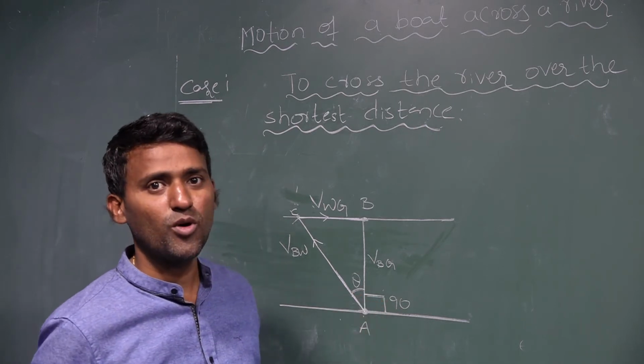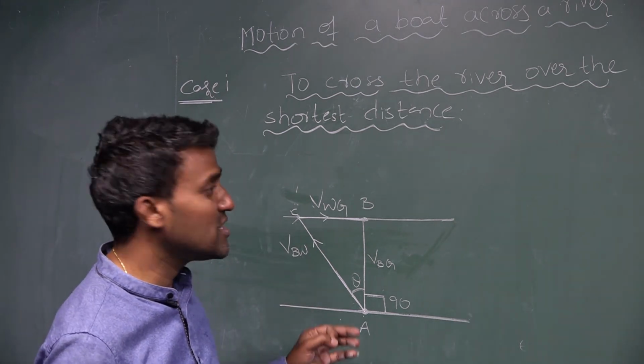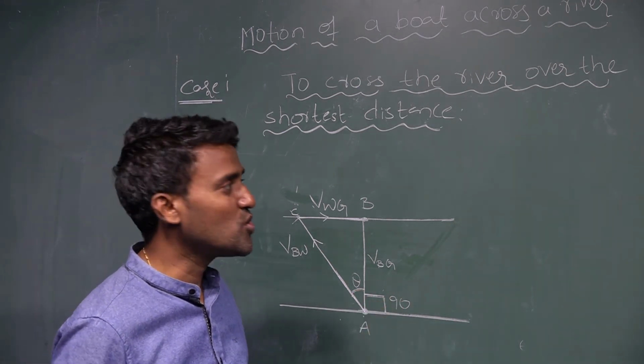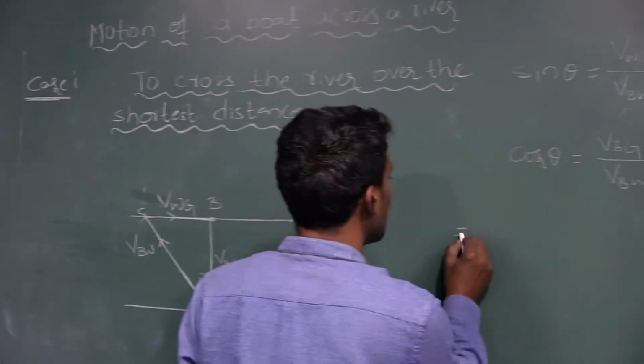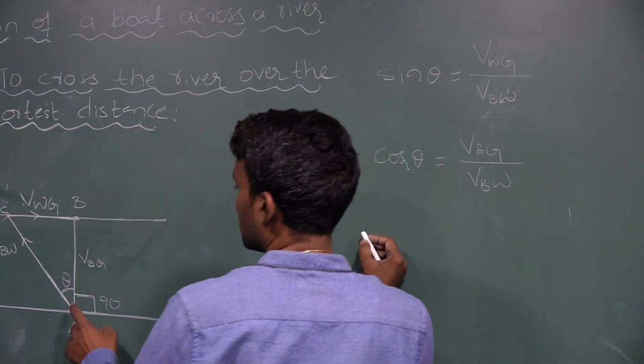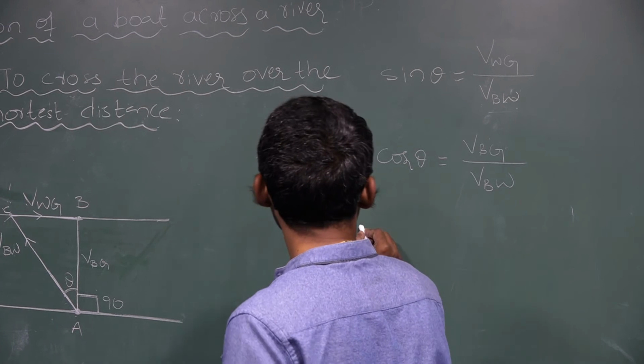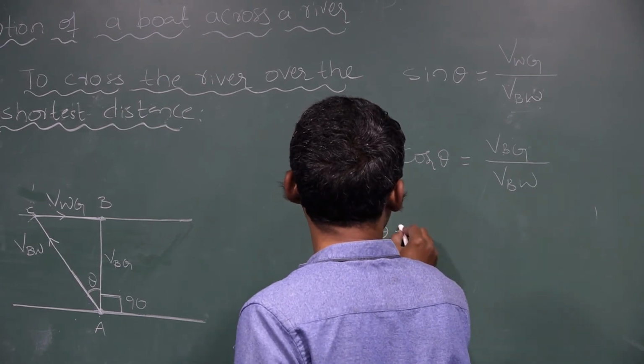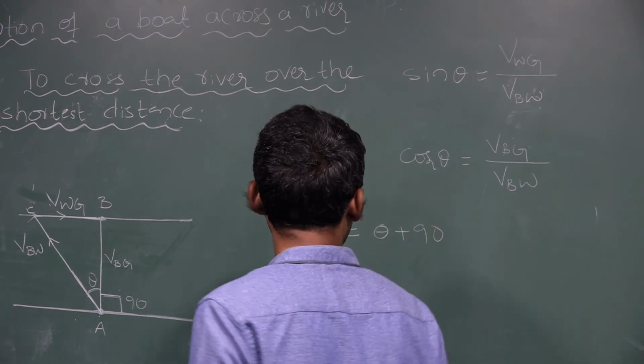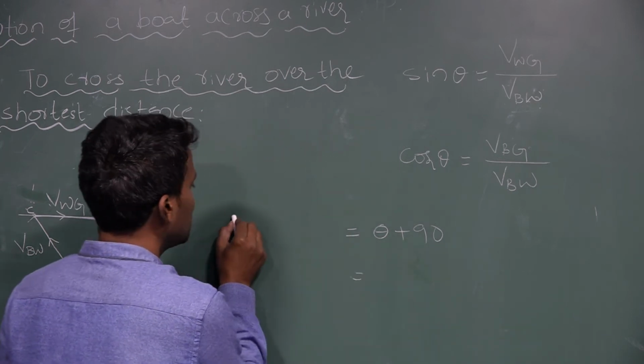So the shortest path making an angle with the boat velocity is theta plus 90.